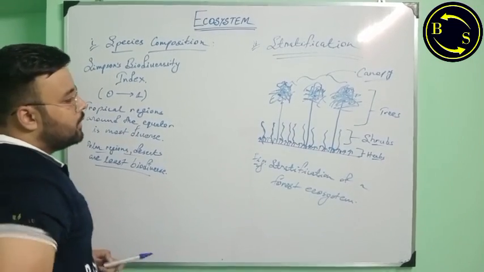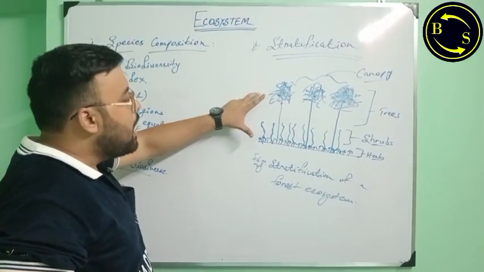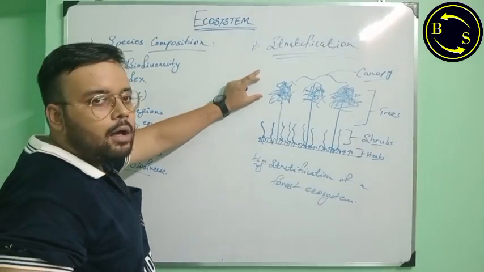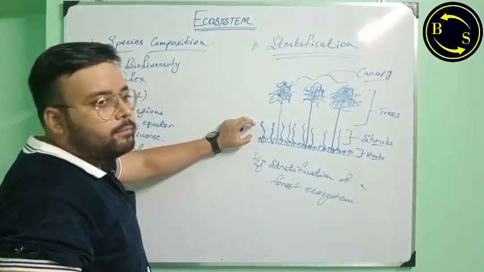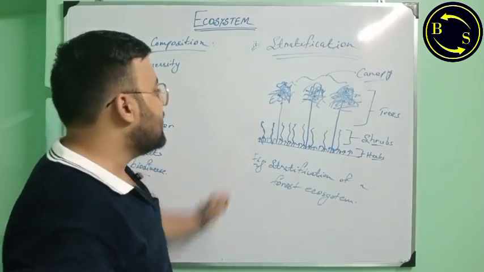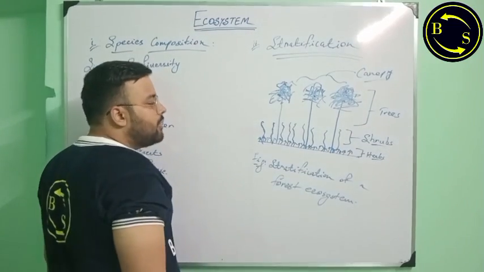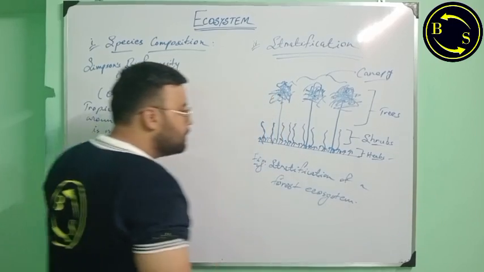And what we are encountering is all the species of plants are being arranged in layers or in strata based on their height and physical appearance and their utilization of various resources. And there are few species of animals that are dependent only on the herbs.